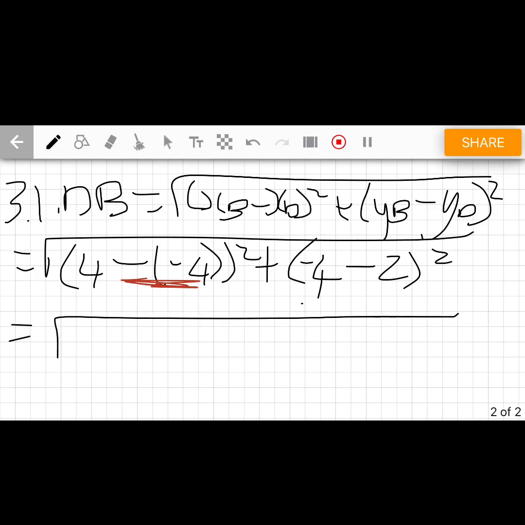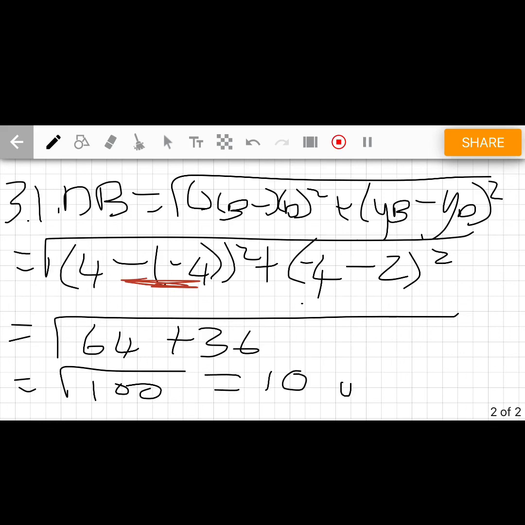So it's going to be the root of 4, a negative times a negative gives us a positive, so 4 plus 4 is 8, and 8 squared gives us 64, plus negative 4 minus 2 gives us negative 6, and a negative squared gives us a positive, and 6 squared gives us 36. This is all the root of 100, which gives us 10 units.